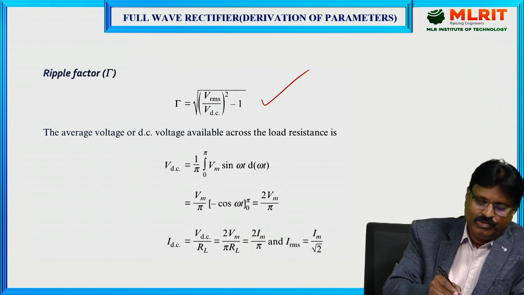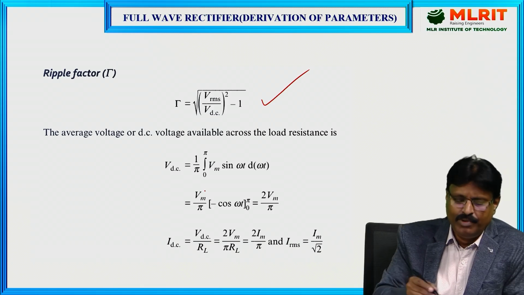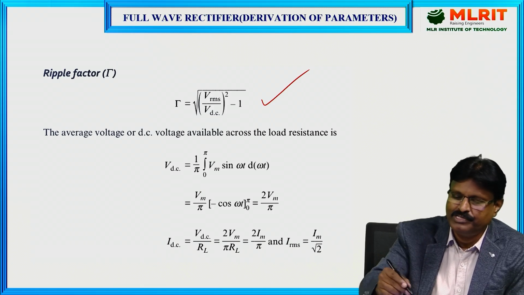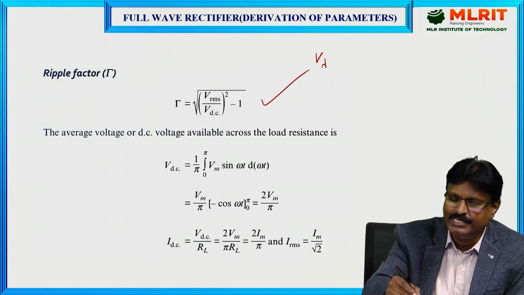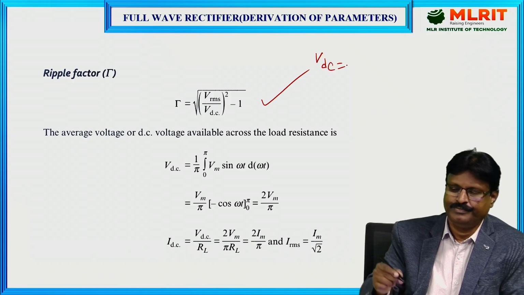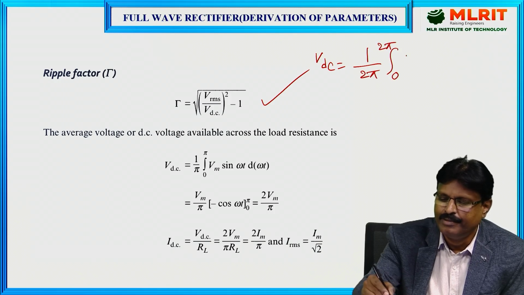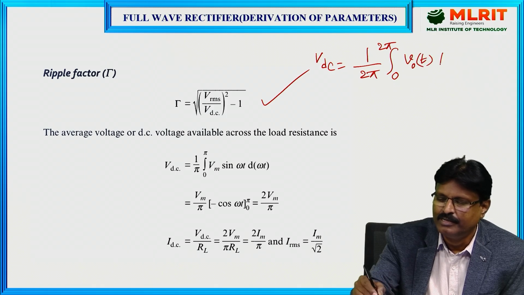Okay, so already you know the formula for the average voltage value, which I am writing here once again. Vdc is equal to 1 by 2 pi integral 0 to 2 pi V naught of t d of omega t.